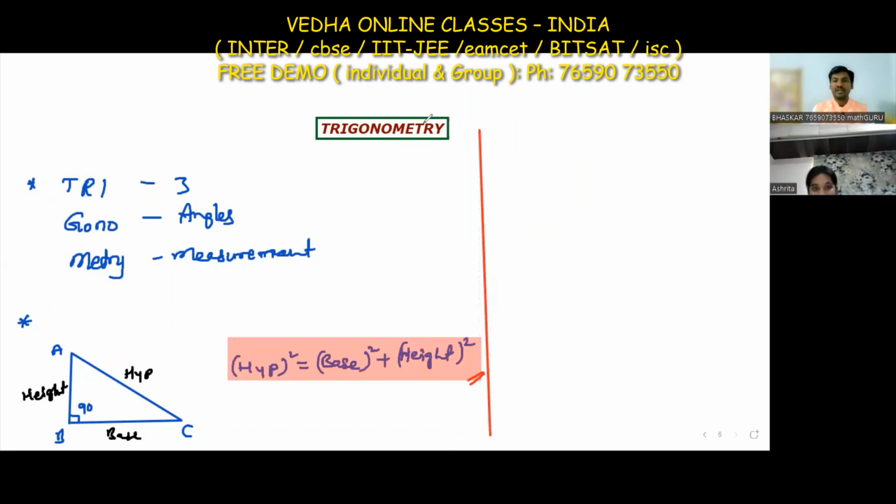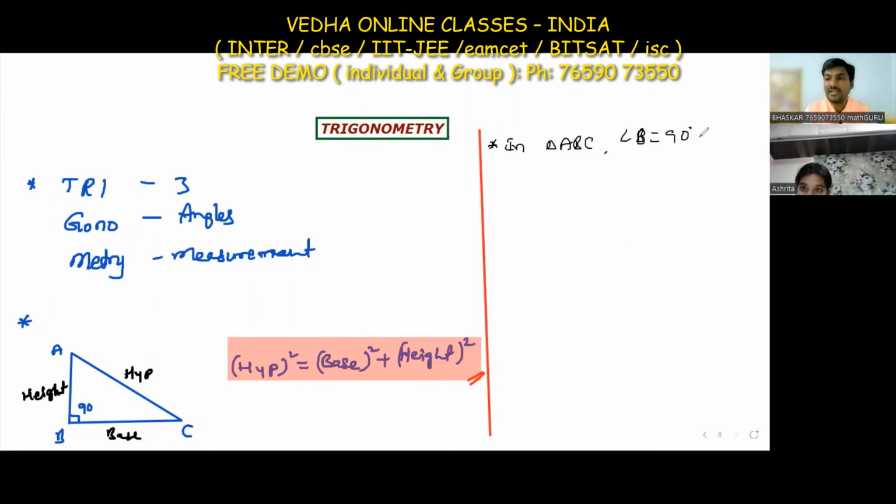For example, I know two values. In triangle ABC, angle B is equal to 90 degrees. That means AC is the hypotenuse. Sometimes they will give angle A equal to 90 degrees, or angle C equal to 90 degrees. Whatever side is opposite to that angle, that is the hypotenuse.